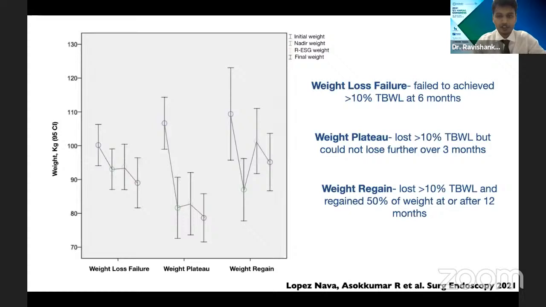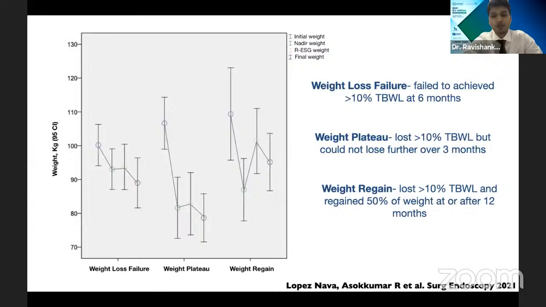Similar to bariatric surgery, we defined weight loss failure as those patients who fail to achieve more than 10% total body weight loss at about 6 months. As we can see, the drop in their weight is lower than expected. And the weight plateau group, on the contrary, have achieved more than 10% total body weight loss. But the issue with them is that after they hit the nadir, they just maintain there, but they don't continue to lose further.